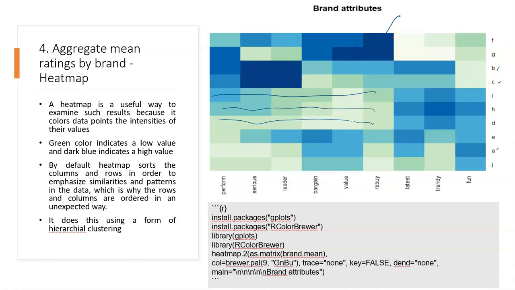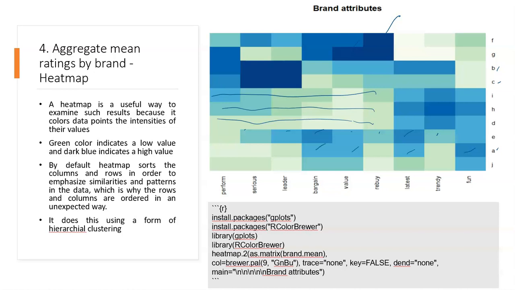Not on trendy, but yes on latest, a little on bargain, and somewhat on these parameters. So E is basically moderate on all these variables, and A is high on fun, and moderate on latest, value, and bargain.